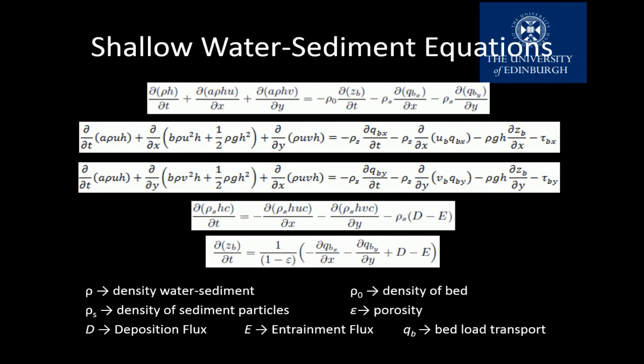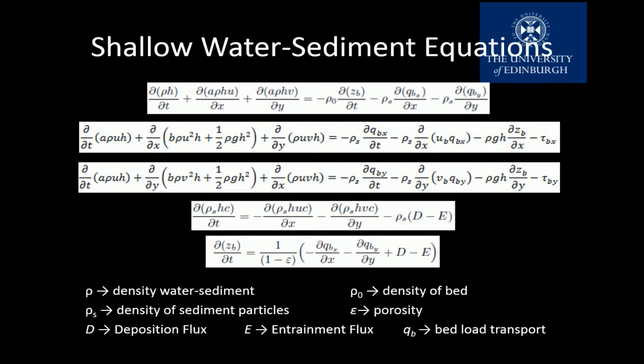If you're not looking at any mathematics and you hate equations, don't worry about them. But if you are, they're a little bit different to some of the standard conventional shallow water equations that you know. Often this term, the rho, is not present in the shallow water equations because the density is constant. So when you have clear water, you remove the rho term.